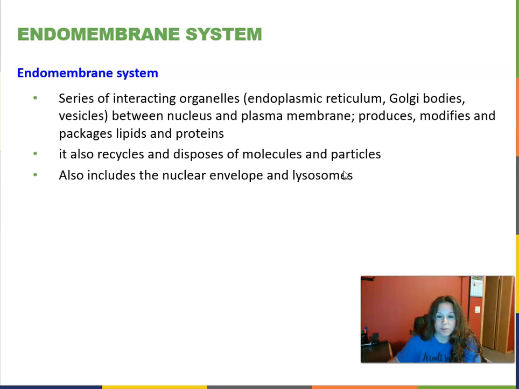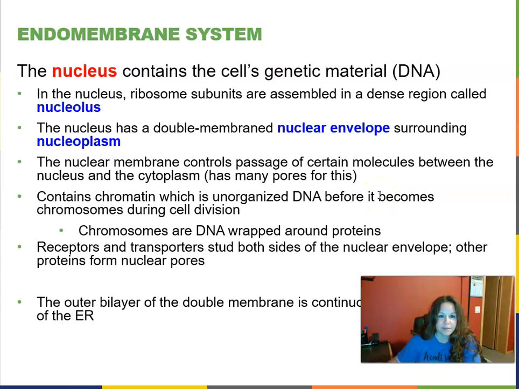This is between the nucleus and the membrane, and one of the big jobs that happens there is packaging lipids and proteins as well. We also can recycle and dispose of molecules and particles there, and this will also include part of the nucleus, the envelope or membrane of the nucleus, and another structure called lysosomes.